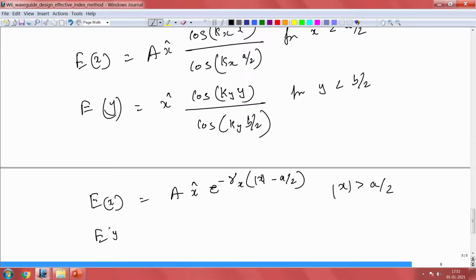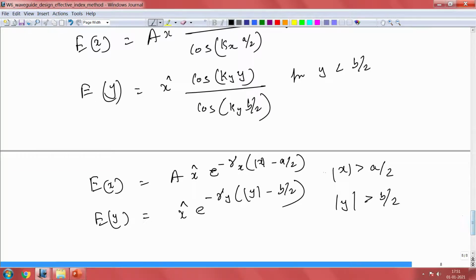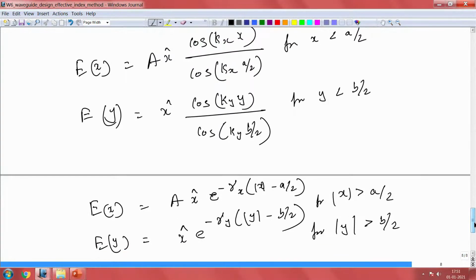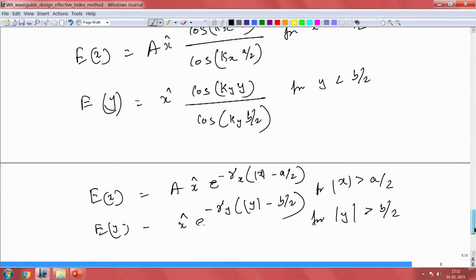So, E of y will be some constant times e to the power minus gamma y times y minus b by 2, for y greater than b by 2. All right. So, these are all the field equations, right. So, that we have seen in earlier lectures on the simple thin planar waveguide, right.